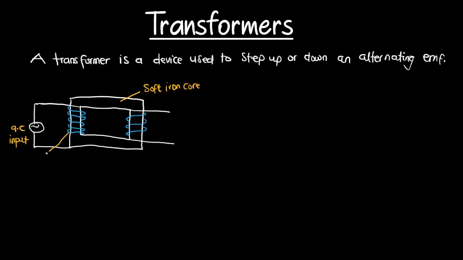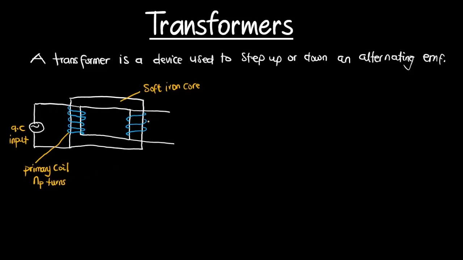The blue coils over there are what we are calling the primary coil. You can see that the coil is wrapped around the soft iron core a number of times. That is what we call the number of coils, or the number of turns. So we use N subscript P to represent that, the number of primary coils. So we say this is NP turns.